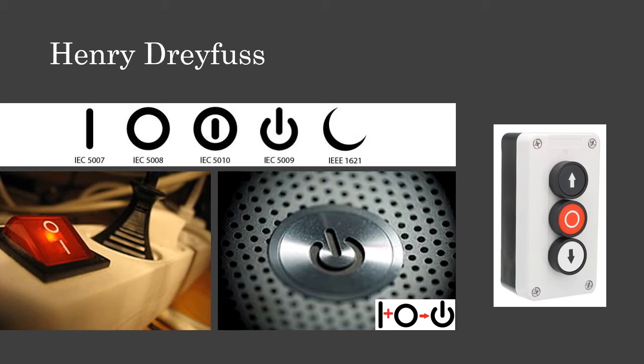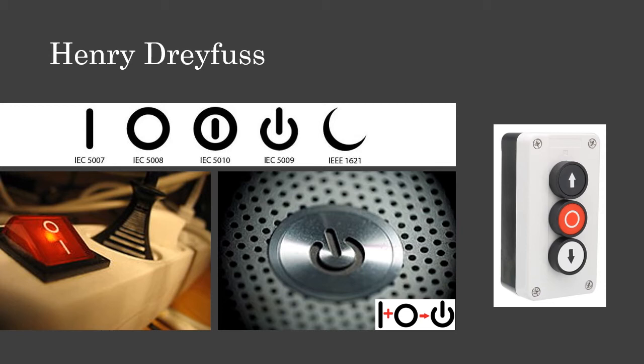So if ISOTYPE was developed in the 1920s and 30s, Henry Dreyfuss started his work in the 1950s through the early 1970s. So this was, figure 15, 20 years after the introduction of ISOTYPE and the idea of pictograms to communicate data was out there.